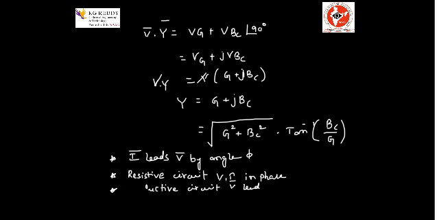So in a capacitive circuit, V lags I by some angle. This is how we can calculate the current in a parallel RC circuit.